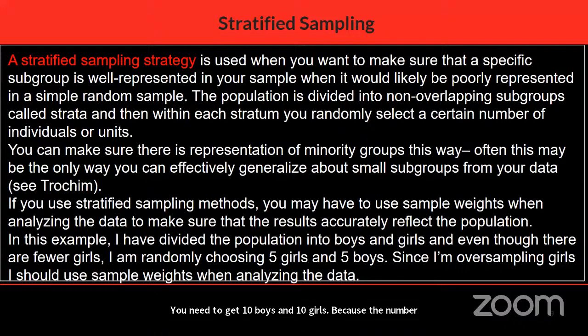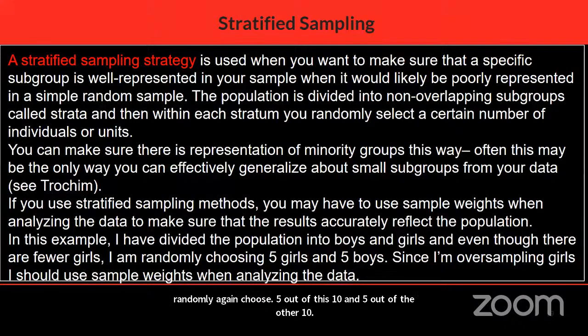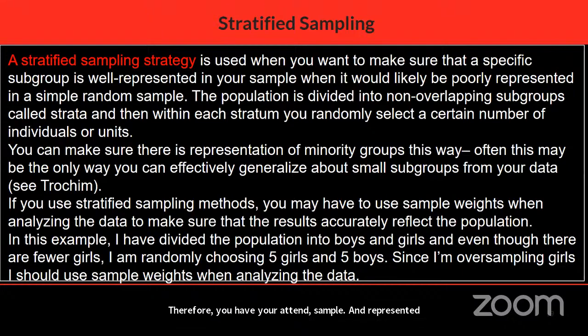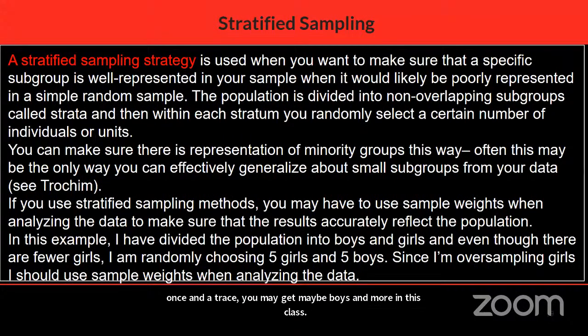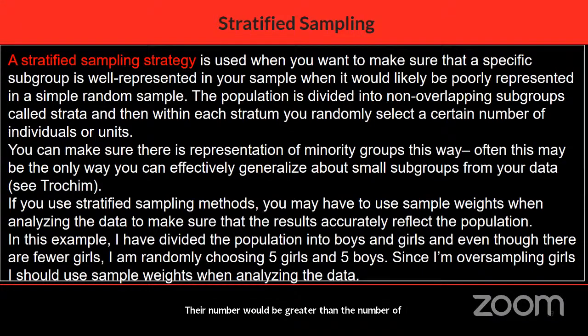Then from these 10 boys and 10 girls, you randomly choose 5 out of the 10 and 5 out of the other 10. Therefore, you have your 10 sample represented by all the genders. And like if you say you want these 1s and the 3s, you may get more boys in this class, their number will be greater than the number of girls. Let me hope I've answered you.